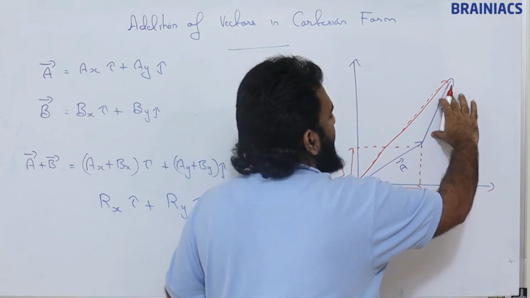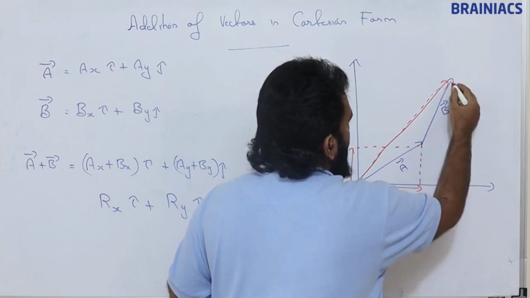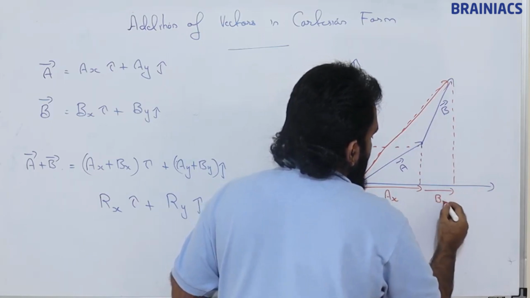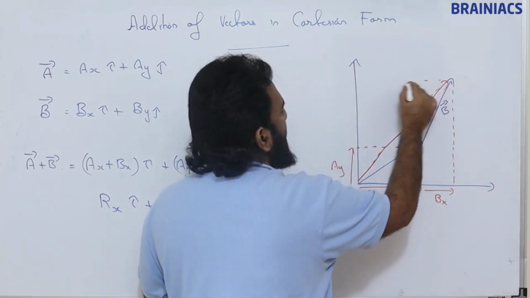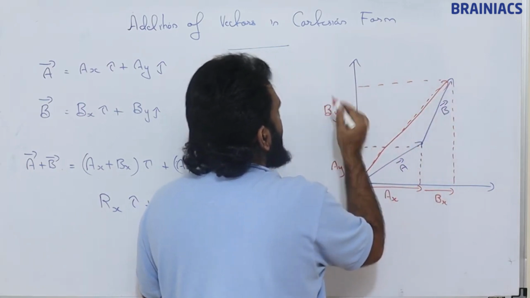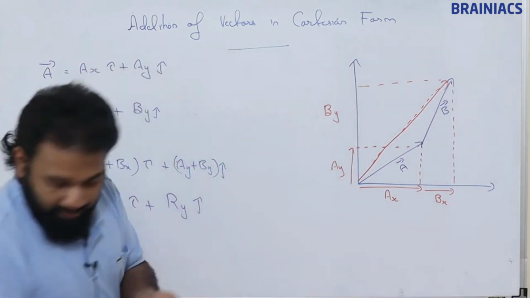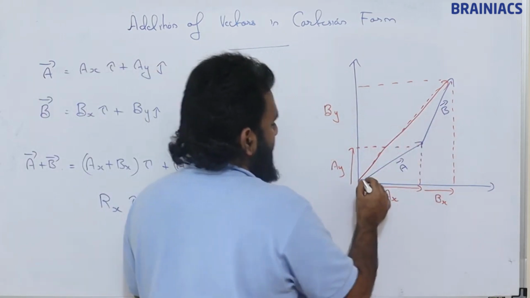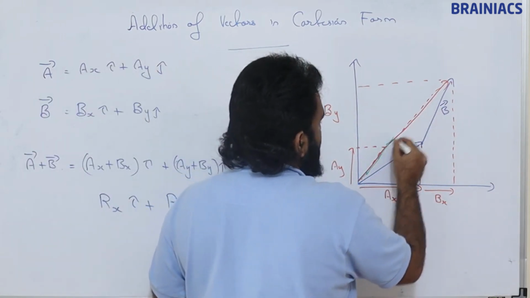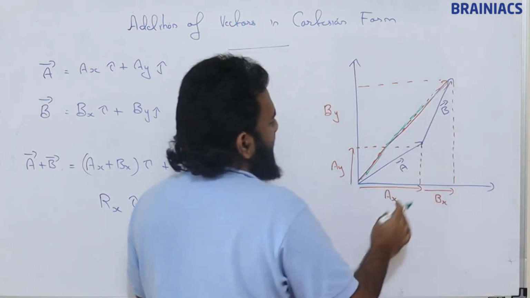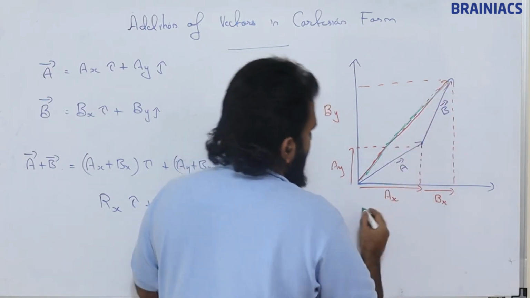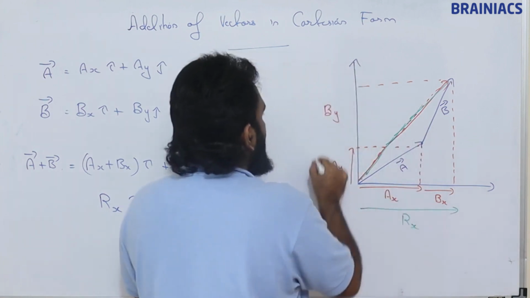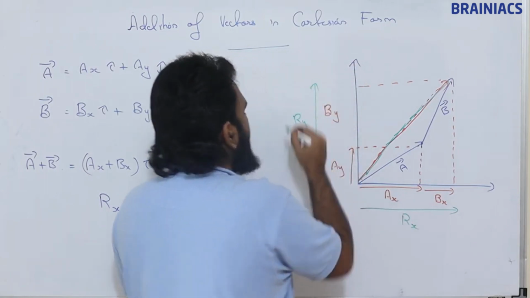If we take the components of vector B, this is bx and this is by. Now we take the x and y components of the resultant vector: this is rx and this is ry.